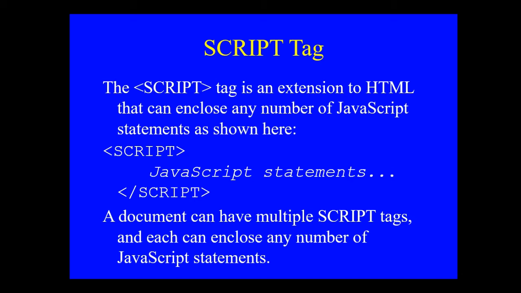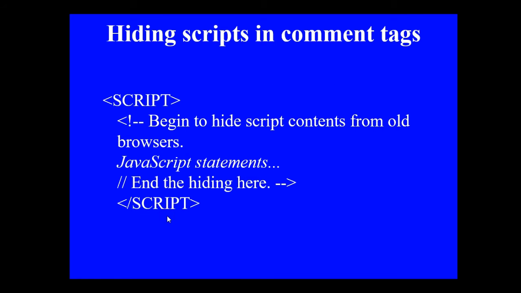Script tag. The script tag is an extension to HTML that can enclose any number of JavaScript statements, as shown here: script, JavaScript statements, /script. A document can have multiple script tags, and each can enclose any number of JavaScript statements.